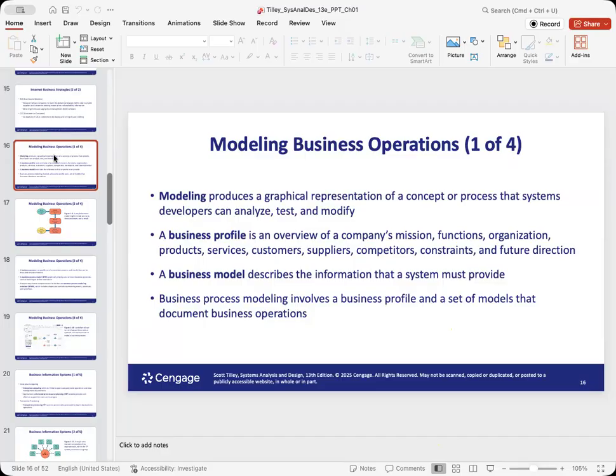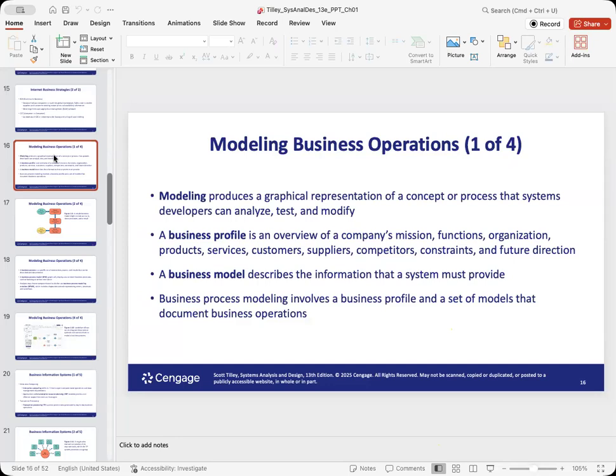So modeling produces a graphical representation of a concept or a conceptual design within your head that people, developers, users, can analyze, can test, and can also modify even before you develop the system. And also have business profile. Now, there's an overview.